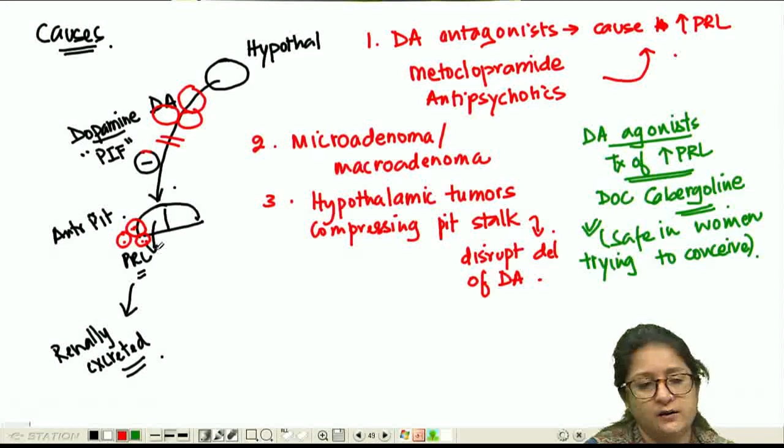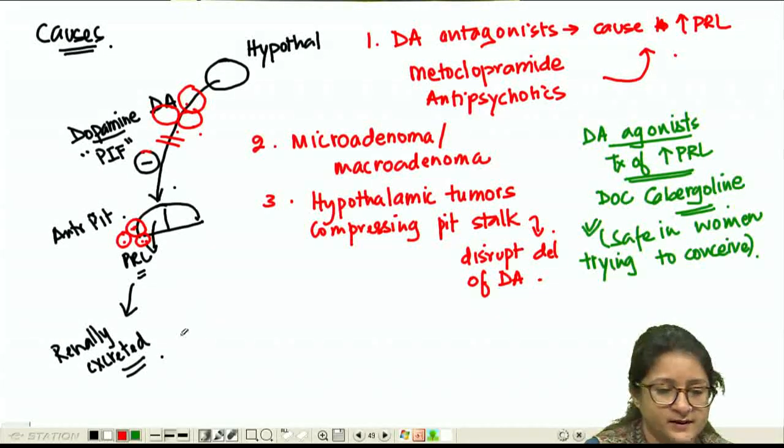Then that will also lead to increased prolactin. Any hypothalamic tumors which compress the pituitary stalk disrupt the delivery.